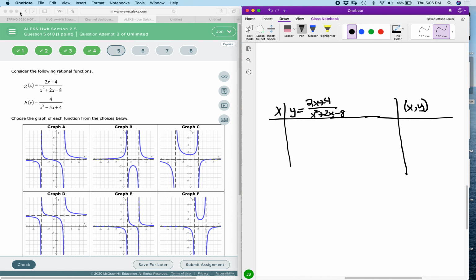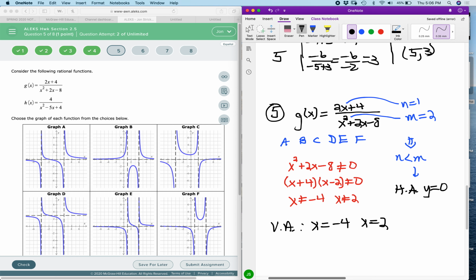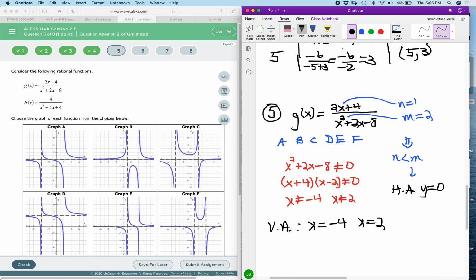Now, looking at what we have among the graphs, you have the vertical asymptotes x equals negative 4 and x equals 2, and a horizontal asymptote y equals 0. So A is still in the running. B is out of the picture.